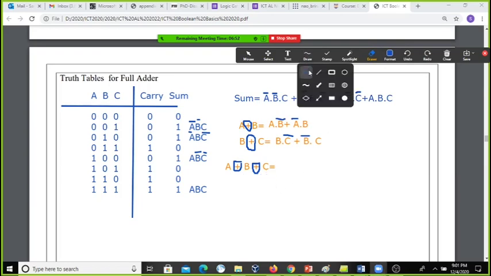So we can just take only B and C as one term, and A is another term. Then if I have two terms, you can write B C bar and B bar C. Similarly, you can assume there are only two terms.